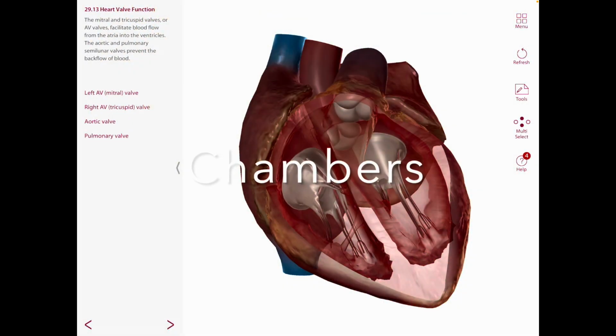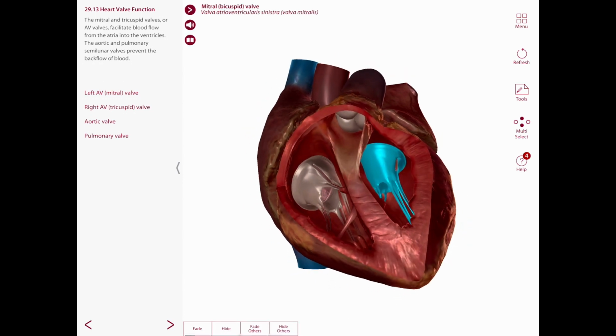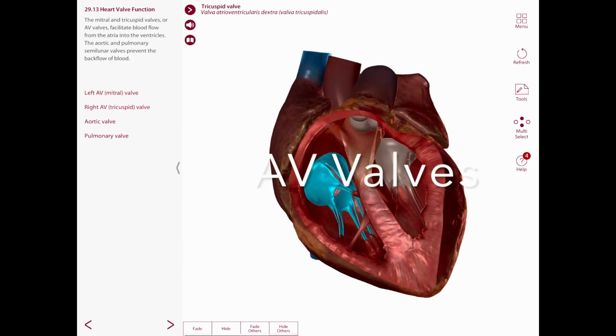All right, let's continue. Within the heart, one-way valves direct the flow of blood through the four chambers into the attached great vessels. So for example, the mitral and tricuspid valves, also known as the AV valves or atrioventricular valves, will facilitate the blood flow from the atria into the ventricles.